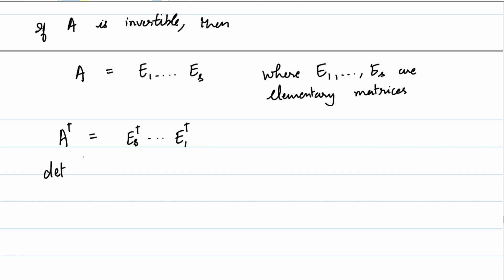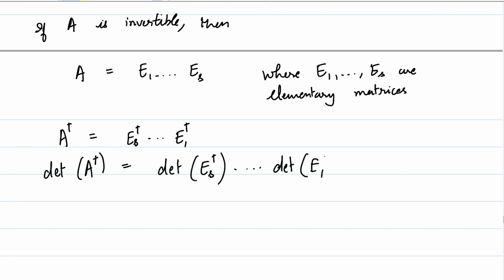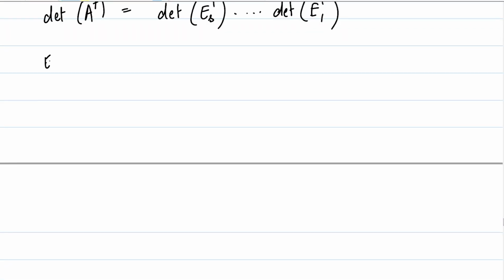And determinant of A adjoint is equal to the determinant of E_S adjoint times up to E_1 adjoint. Let me skip a few steps, saying that this is equal to the product of these. But then I'll leave it as an exercise for you to check. For if E is an elementary matrix, then the determinant of the adjoint of E is the conjugate of the determinant of E. Easy check.